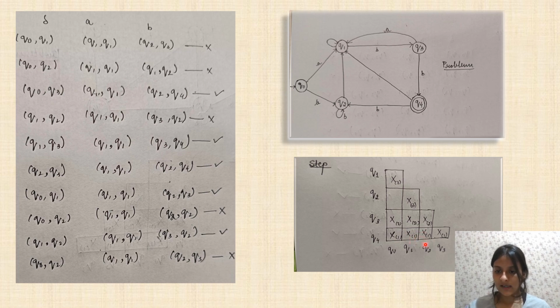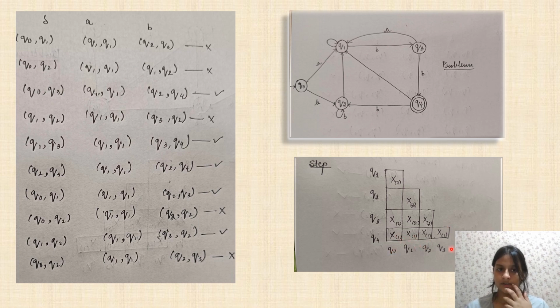Here I wrote the cross symbol, and below I wrote 1. That denotes that the cross symbol was placed in the first iteration. We'll be doing many iterations, so to avoid confusion, we'll clearly write at which iteration we are doing it.